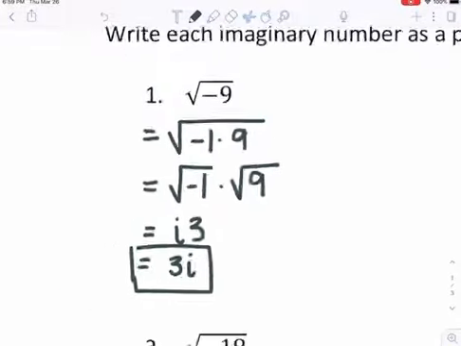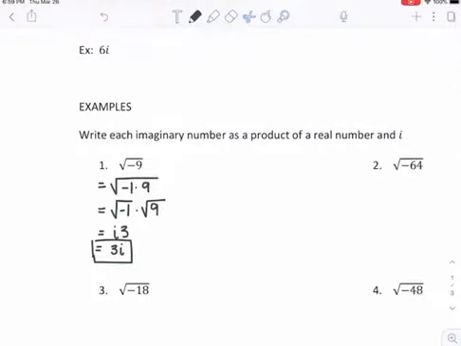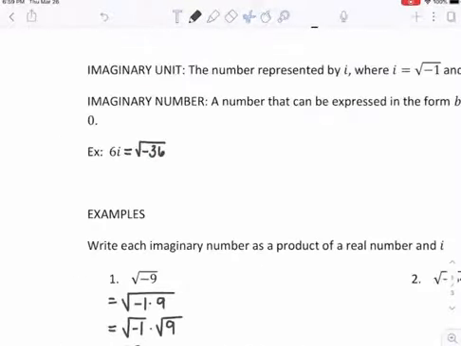It is represented as 3i. If you think backwards, the equivalent of 6i would be the square root of negative 36, right? The square root of 36 is 6. The square root of negative 1 would be i.